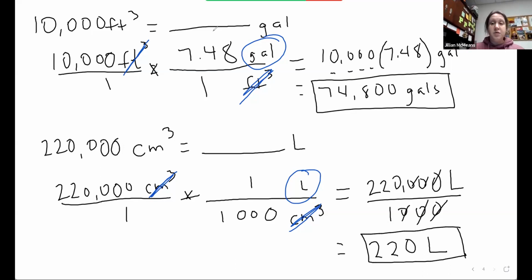Okay, so really most of what you're doing in this section is just dimensional analysis. You're converting from one unit to another. Okay, let's try another one. All right, in this case, a physician orders 20 cc's of an antibiotic to be administered every 12 hours. So first of all, cc's, what in the tarnation is a cc?